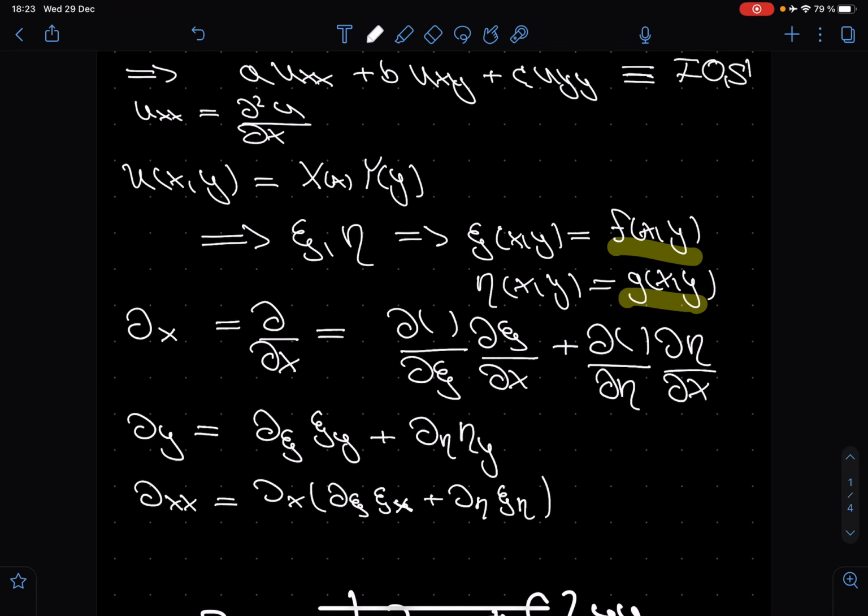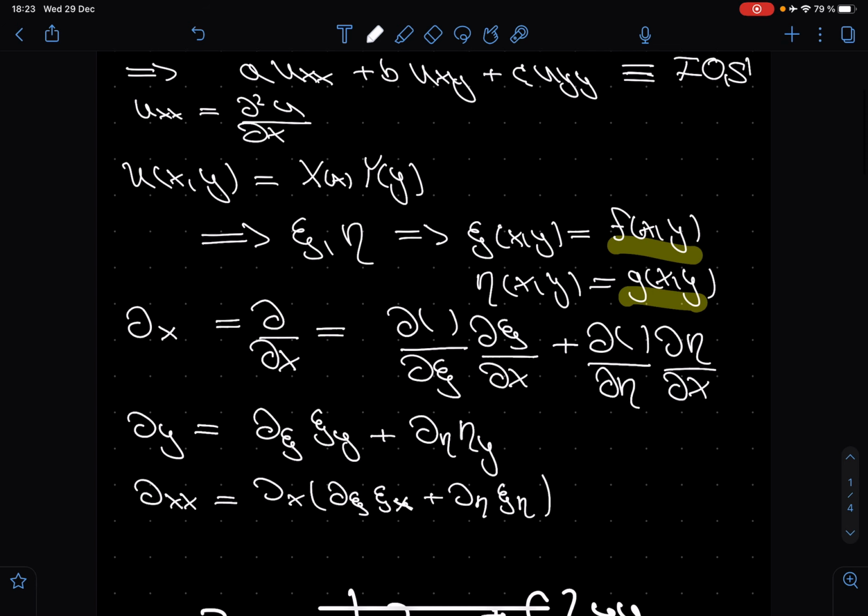If we take this derivative, we apply the chain rule to this term, then apply the chain rule to that term, and then sum it up, which you can try out by yourself.